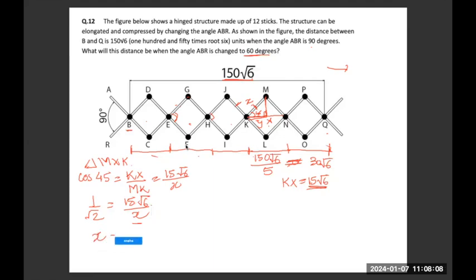So x will be equal to 15 into, so 6 can also be written as root 3 multiplied by root 2, and this root 2 will go on top, multiplied by root 2, and root 2 root 2 will multiply to form 2. So x is equal to 30 root 3.